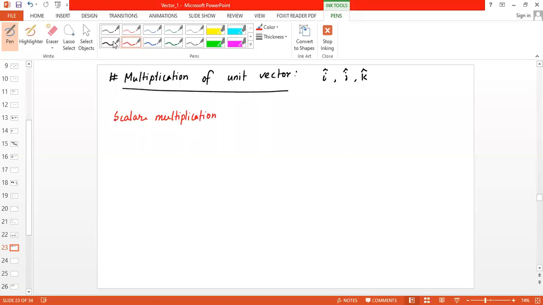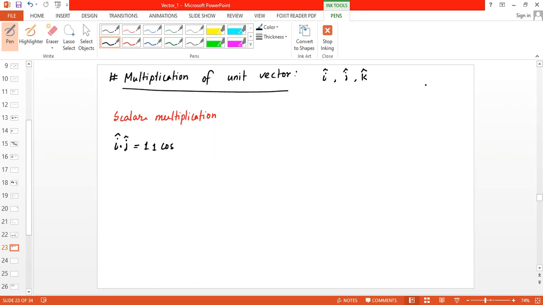Let's say i and j. I want to multiply i with j by a dot. What should be the value of i dot j? A dot B means the magnitude of i, which is equal to 1, times the magnitude of j, which is also equal to 1, and the cosine of the angle between them.